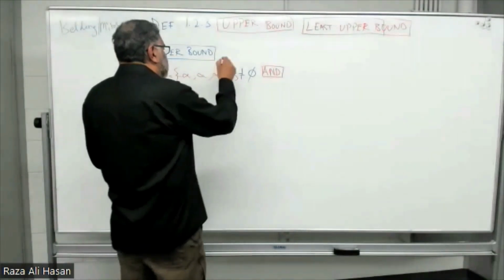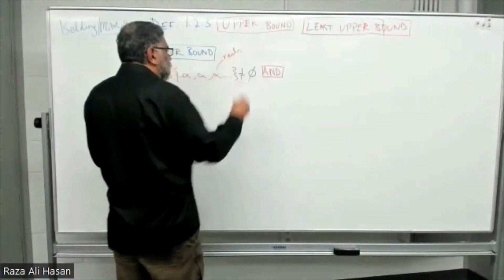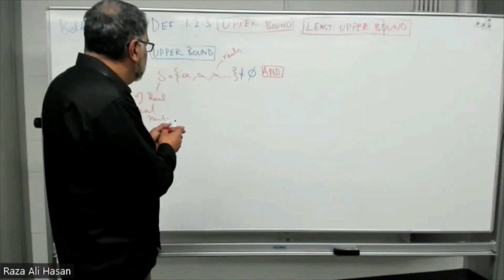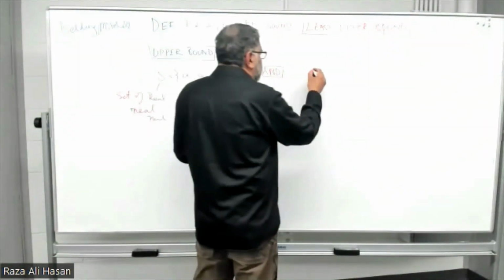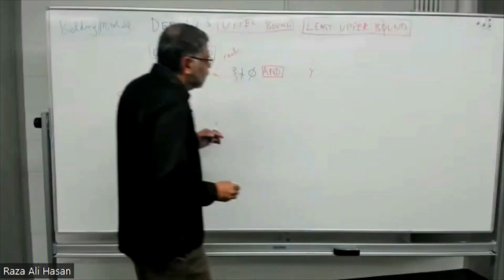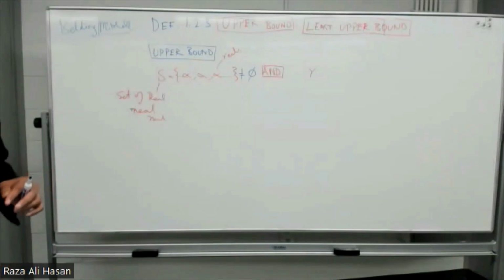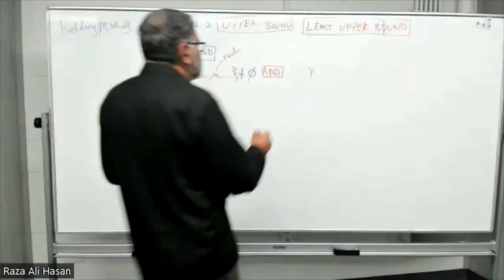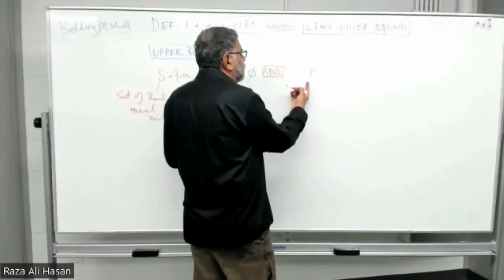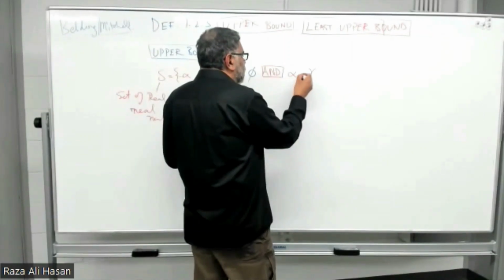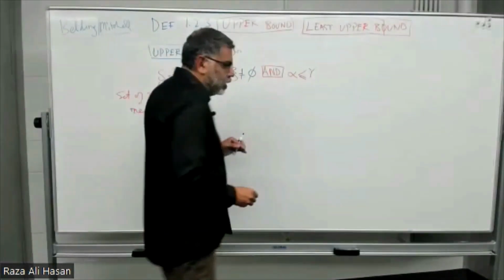These are real numbers, reals, and we need another real number. Let's call it gamma. Alpha is less than or equal to gamma.